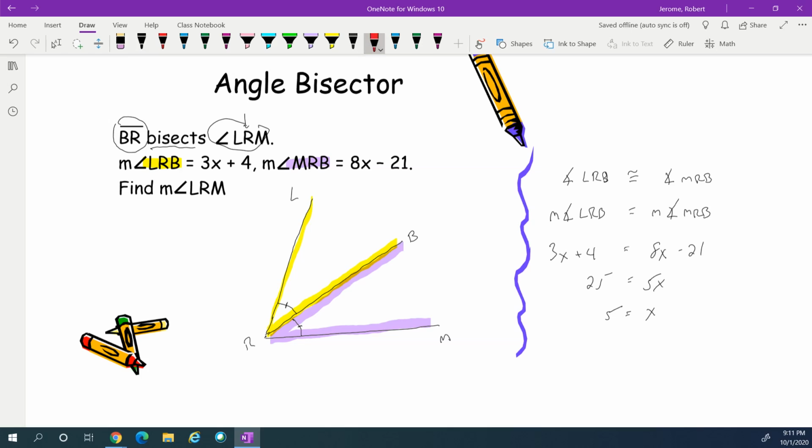But the question asked us to find LRM. Well, LRM is the whole thing. So just like we did with segments, we're going to plug that x back in everywhere.